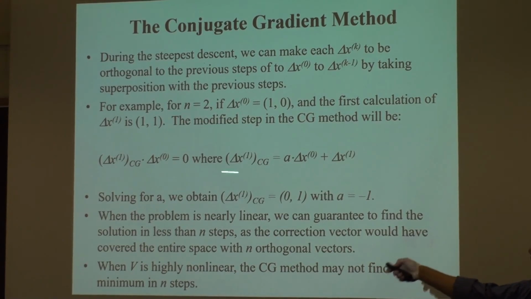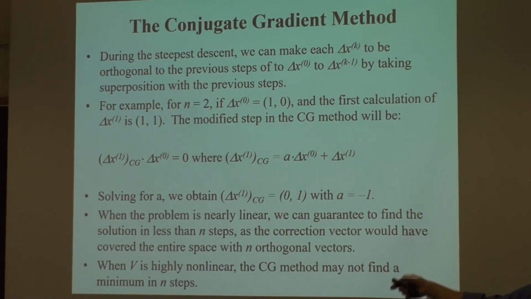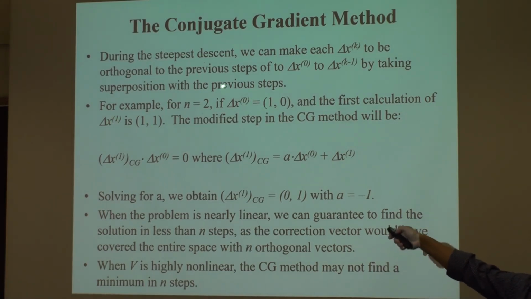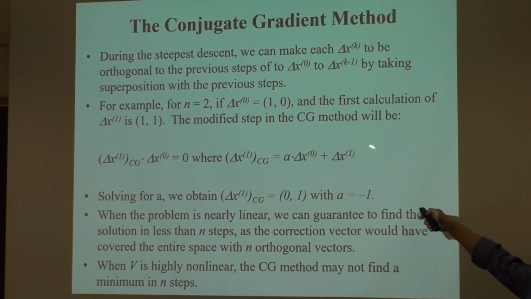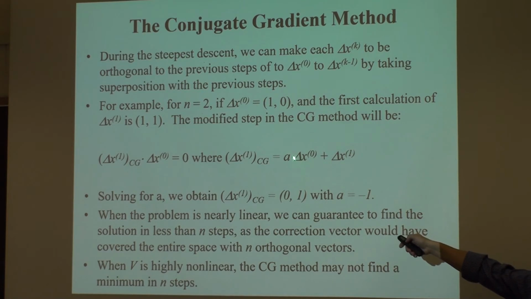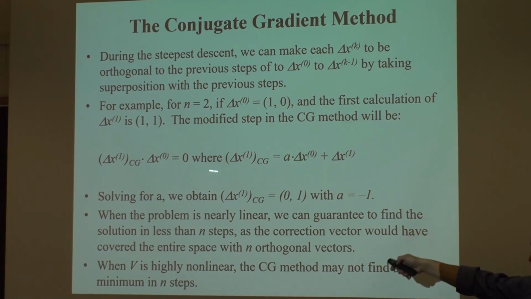Whenever I use steepest descent or Gauss-Seidel to get my delta x1, I know my previous step's correction, and I can use it with very simple linear algebra to make the new correction conjugate or orthogonal to the previous search direction. I don't waste effort searching in directions I have searched already.